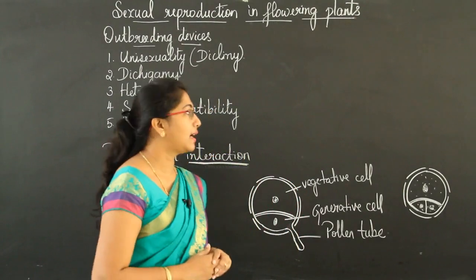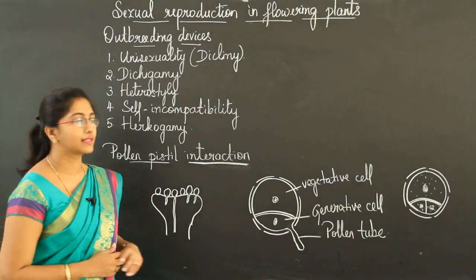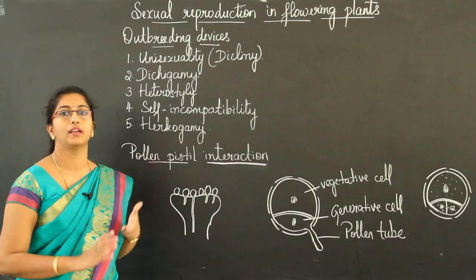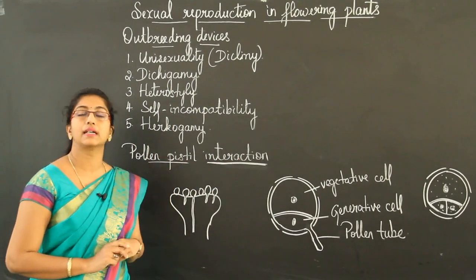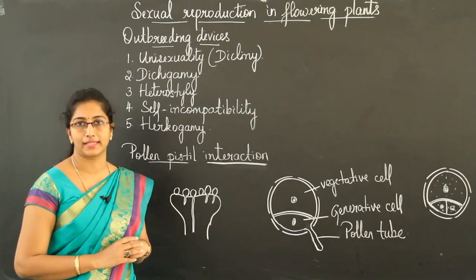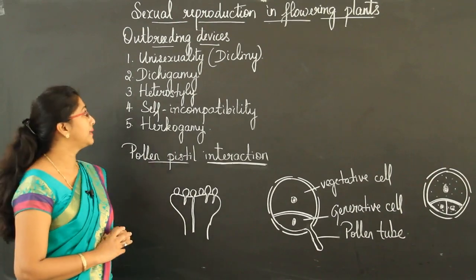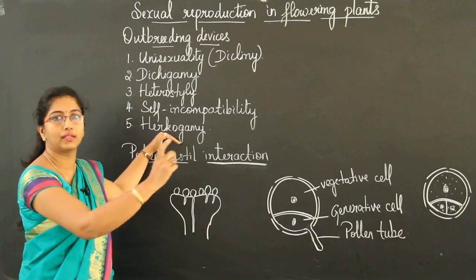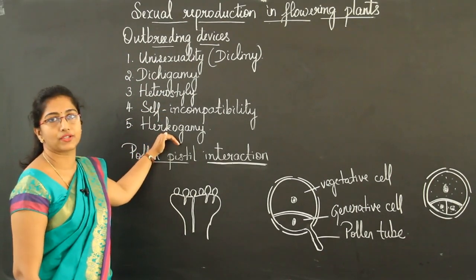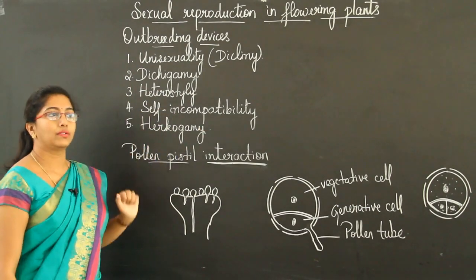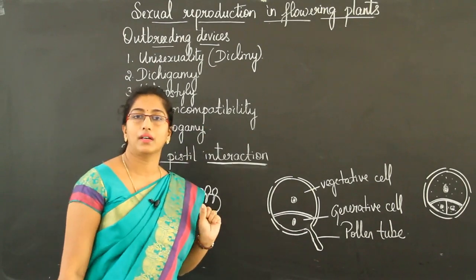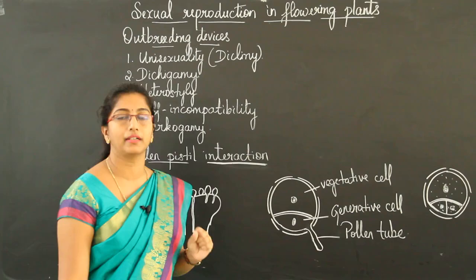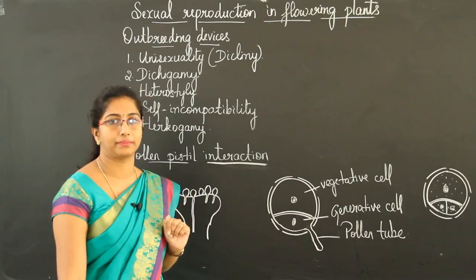So these are some of the techniques developed by the plant to prevent autogamy. This is a probable 5 marks question. Then you need to write all these 5 points with a sentence of explanation. These are the different techniques practiced by the plant to prevent autogamy.